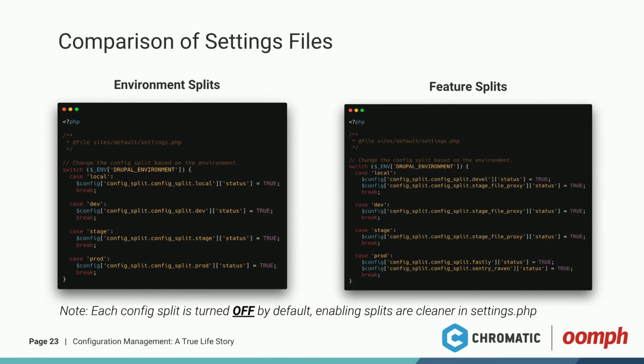And note here that each config split is actually turned off by default, and then we're enabling the config splits via settings.php. This works great if you're using Travis or some sort of build tool to send your code out to different servers, because you can configure which split gets turned on when you're actually building and deploying.